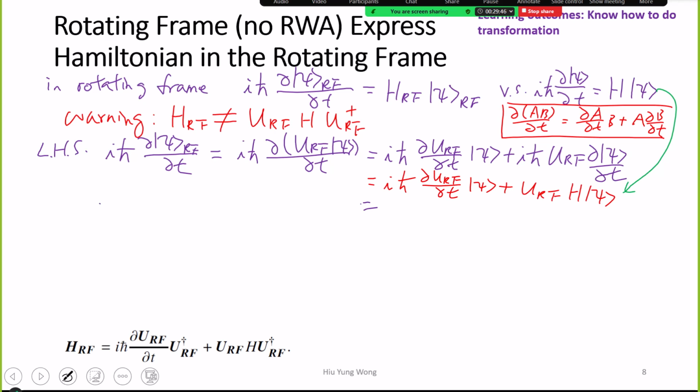This is equal to i h-bar partial, I just copy this one, U_RF partial t. And then I want to represent this in terms of psi_RF. This is maybe confusing. Now I want to represent this psi as a function of psi_RF.